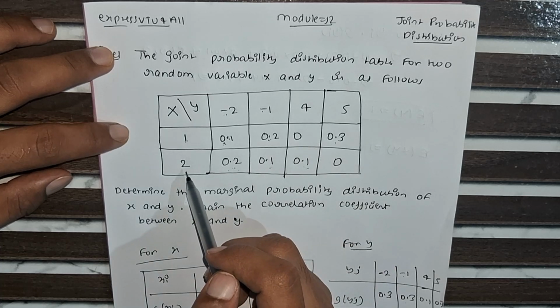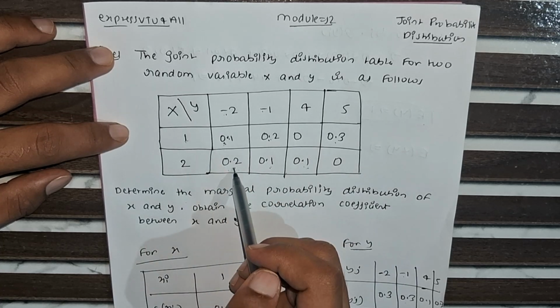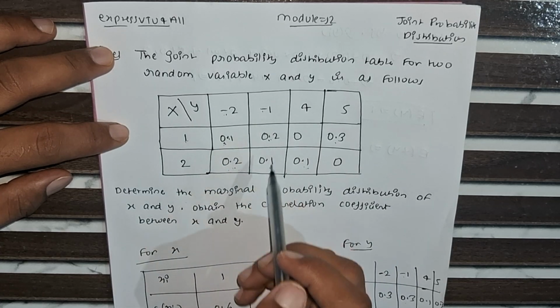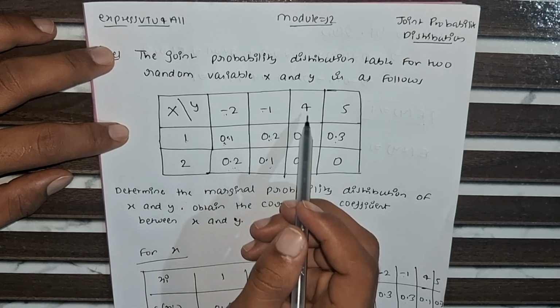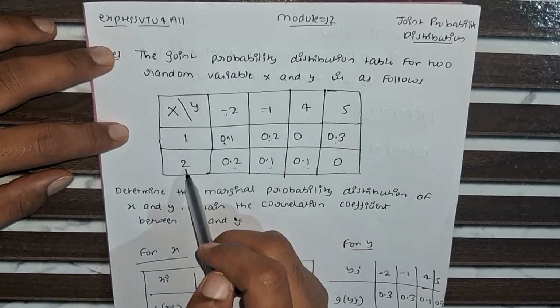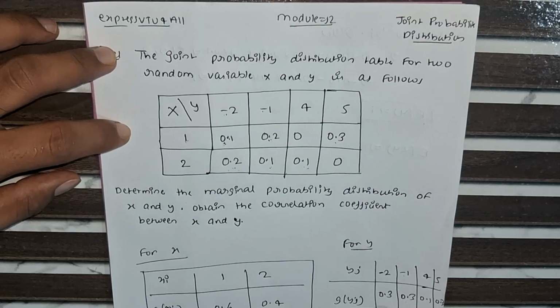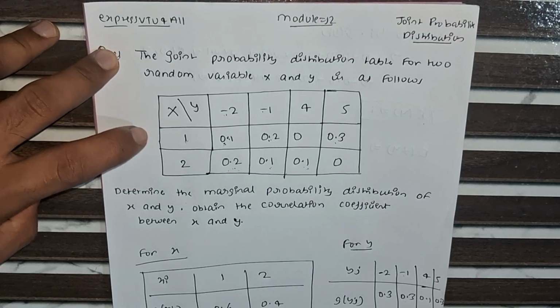Like that for 2: 2 into -2 into 0.2 plus 2 into -1 into 0.1 plus 2 into 4 into 0.1 plus 2 into 5 into 0. This is the way we have to find expectation of x and y both.